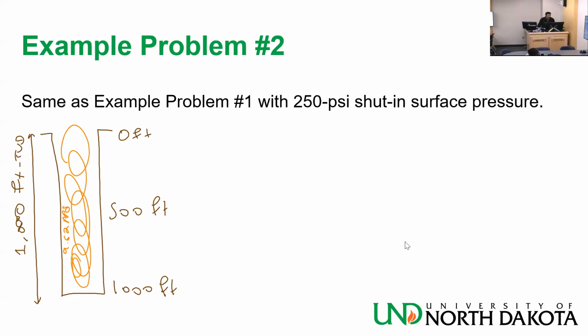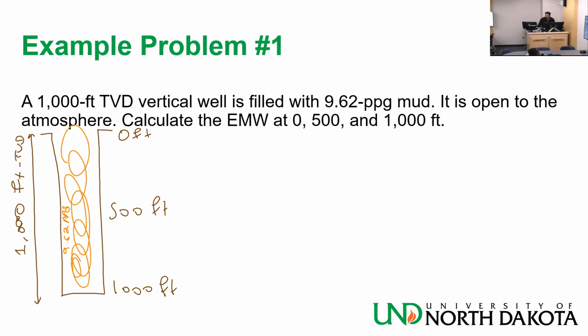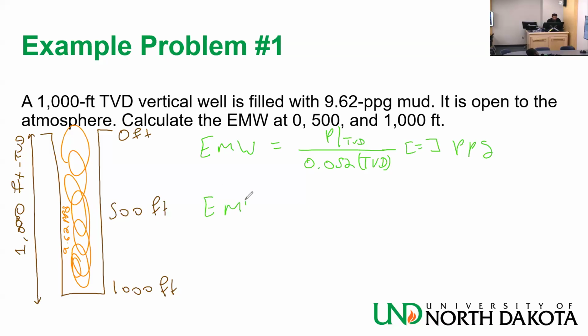First, let's start from the equation. EMW is equal to the pressure at that TVD divided by 0.052 times TVD, in what units? ppg. What is my EMW at 0 feet?